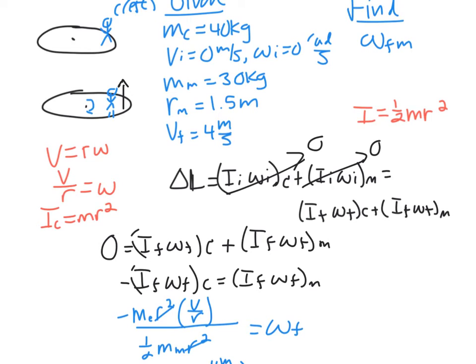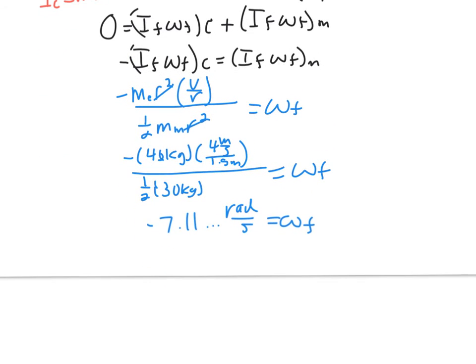So whenever you have any object walking on a spinning object, the rotation sign will be different than the linear velocity sign. So coming back down here, it's only asking for angular speed, so it would depend on how you drew your diagram in terms of what that sign would be. Omega final is about equal to 7 radians per second.